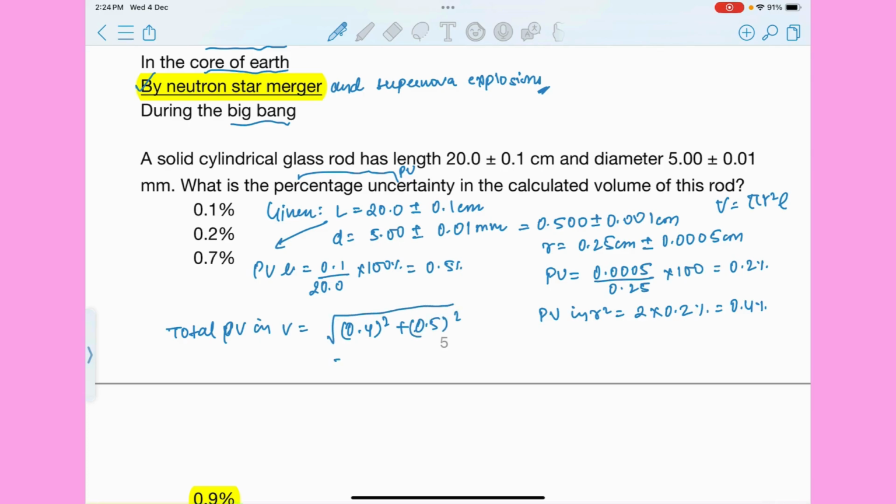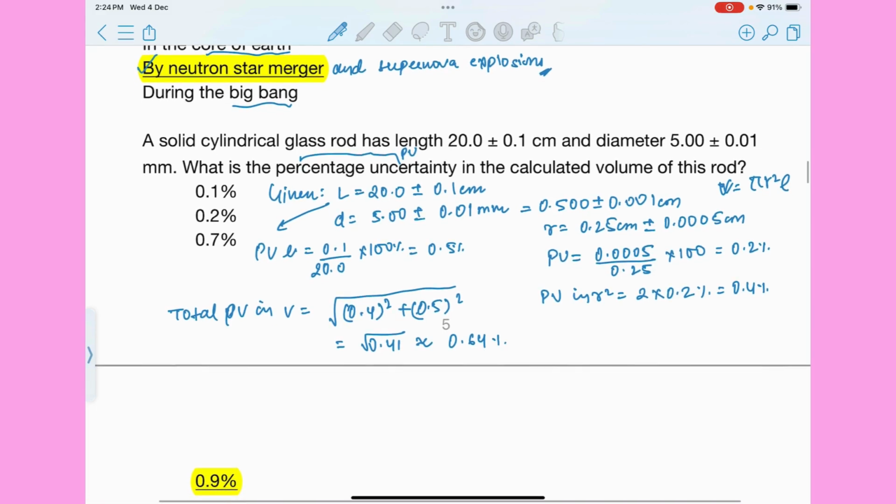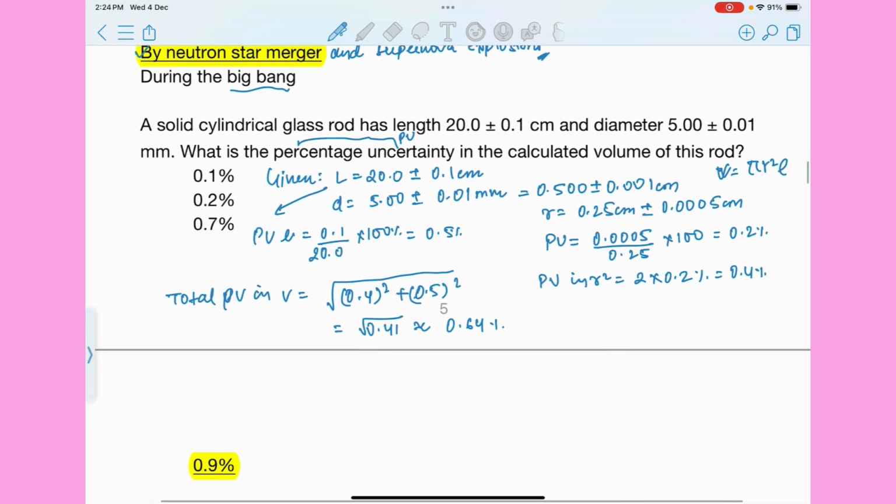This will come to under root 0.41, which is approximately 0.64%. But the answer says 0.9%, but according to me it should be 0.7% if we see the closest answer. If you know a better explanation for this question, I'll be waiting for your replies in the comments.